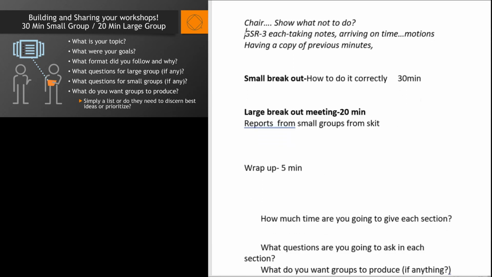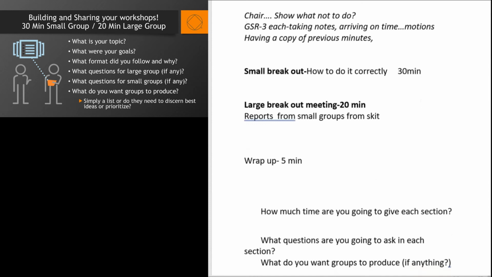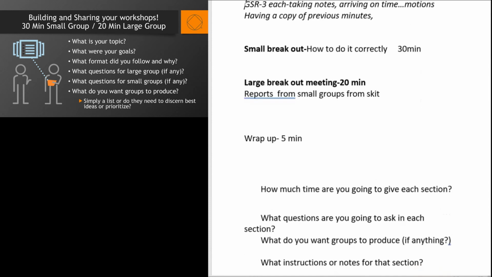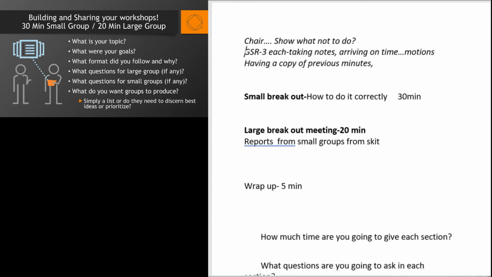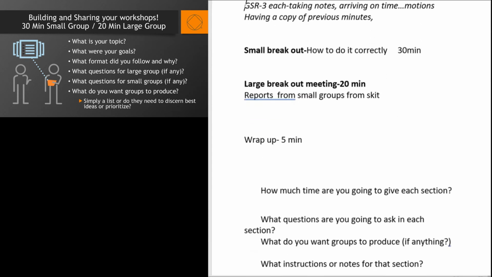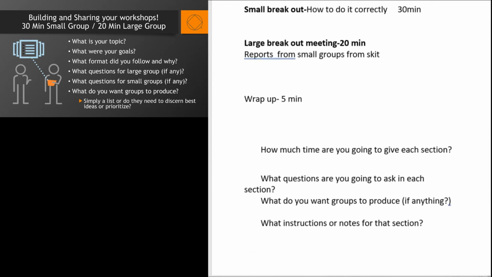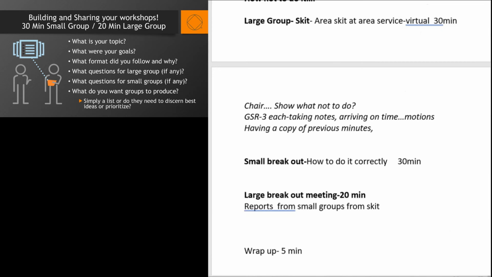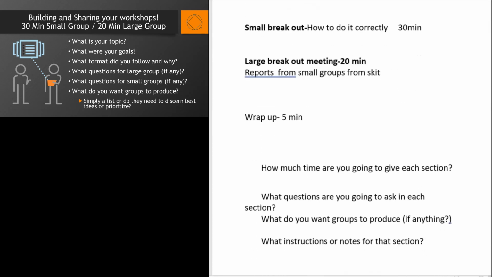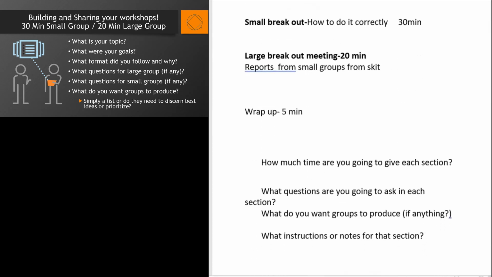And then they would break out into smaller groups. And I think we decided on 40 minutes altogether. Oh, okay, so the large group is 20 minutes, small group is 30. The small groups would talk about maybe their own experience as a GSR, or if they've never been one, they could sit in and listen, or mistakes that they've made, anything they can relate to with the skits.